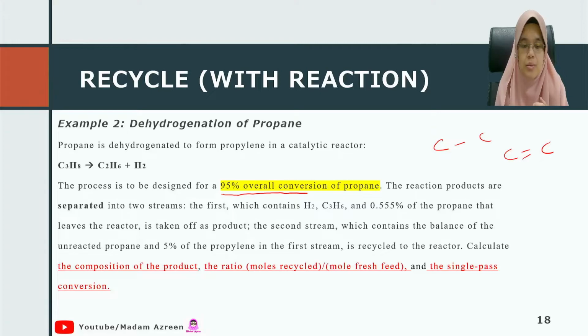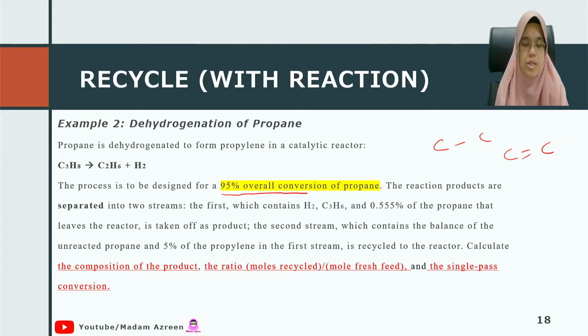The second stream, which contains the balance of the unreacted propane and 5% of the propylene in the first stream, is recycled back to the reactor. Then you have to calculate the composition of the product, the ratio of moles recycled to moles of fresh feed, and the single pass conversion. That is what you have to calculate.